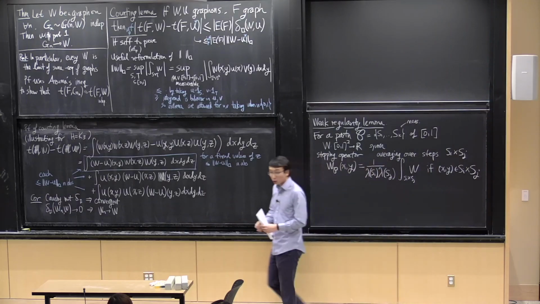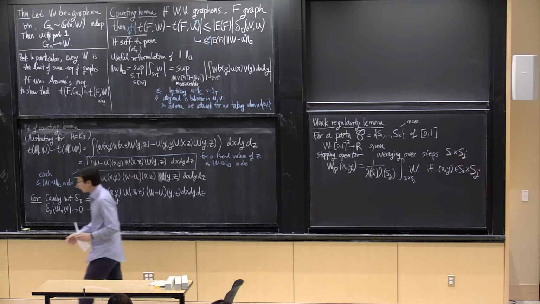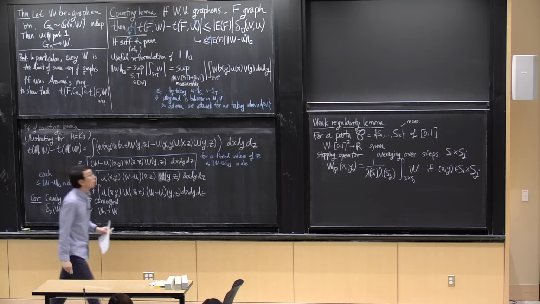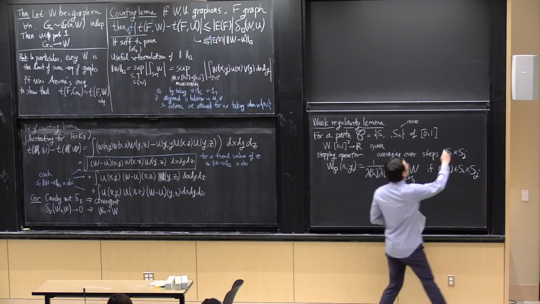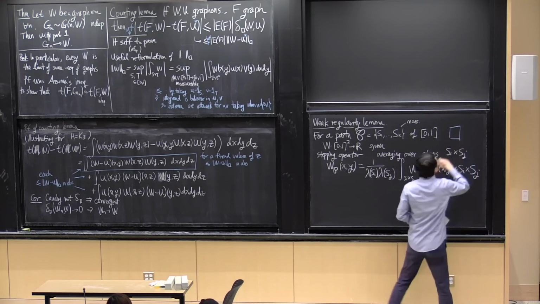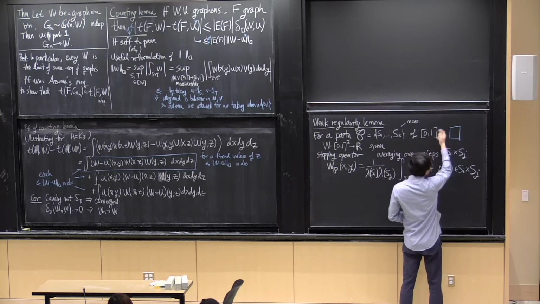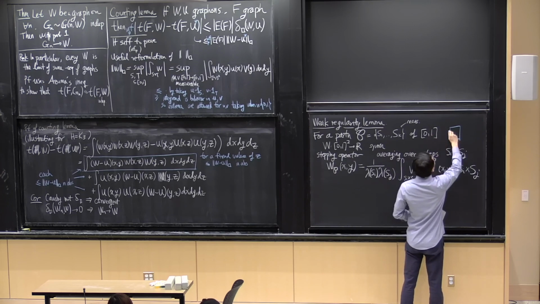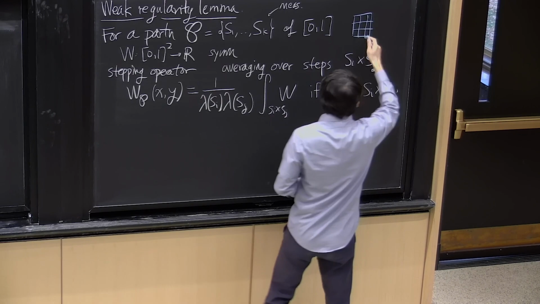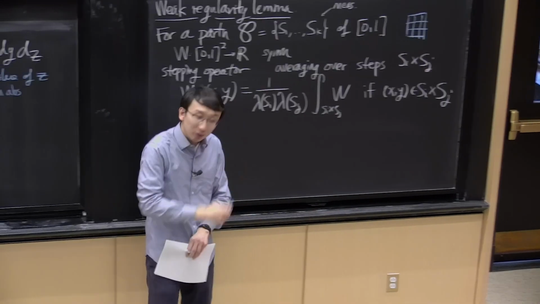Si cross Sj. So pictorially, what happens is that you look at your graphon. There's a partition of the vertex set, so to speak, the interval. It doesn't have to be a partition into intervals, but for illustration, suppose it looks like that.